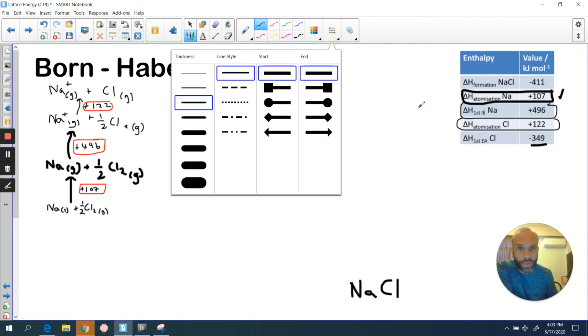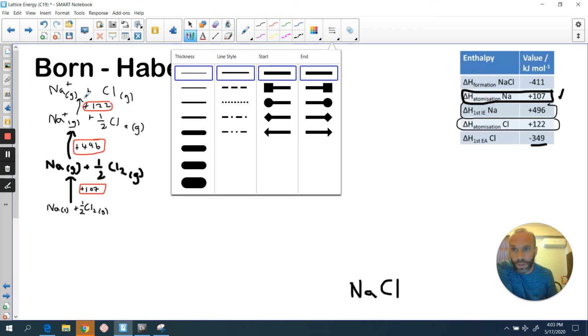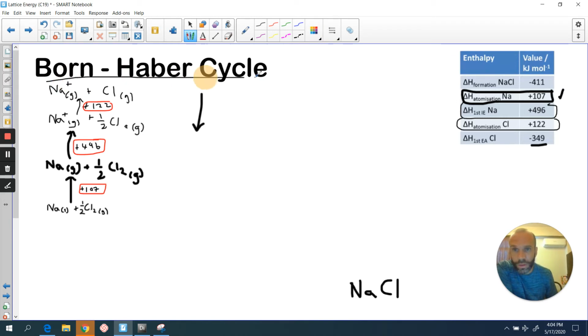And it's probably also worth putting in a line at the top. That's showing we've now shown all our endothermic processes happening, and we've got to that point. Now we're onto the exothermic process here. And from that, we're going to arrive at this point where we've got scattered gaseous sodium ions and we've got scattered gaseous ions of chlorine. And the energy change that's happened there is this value here.